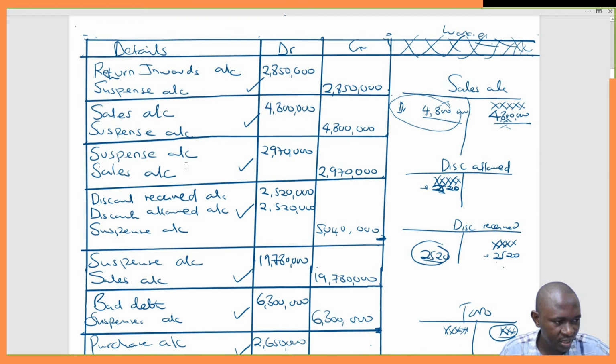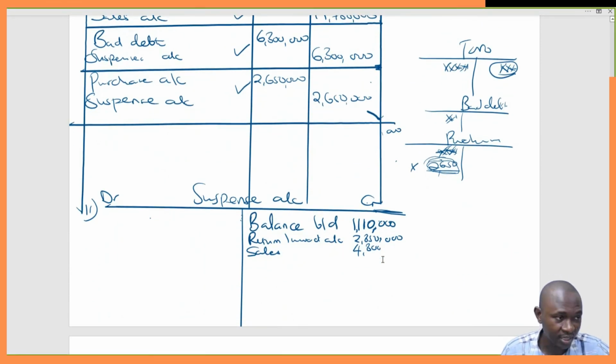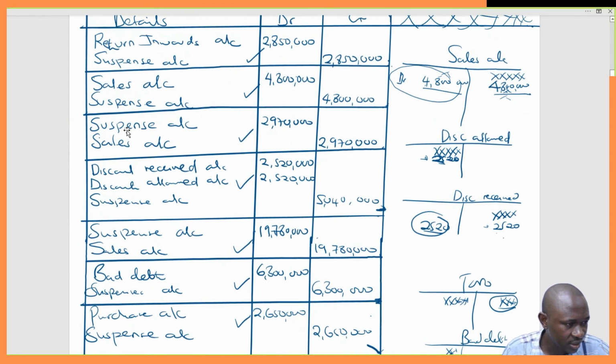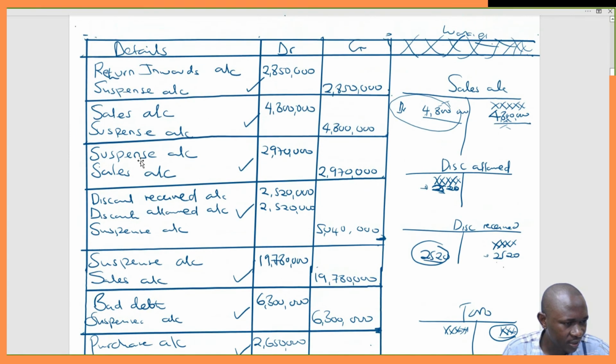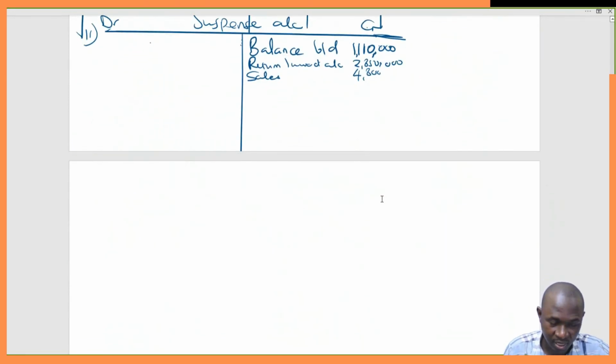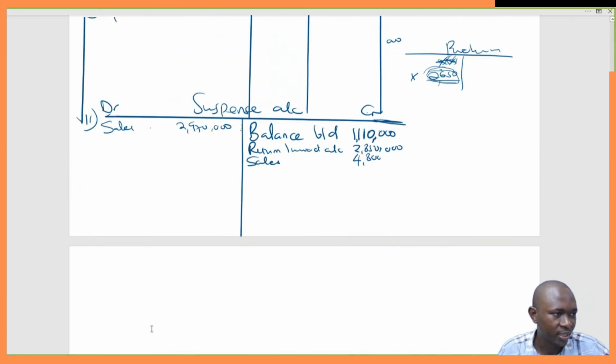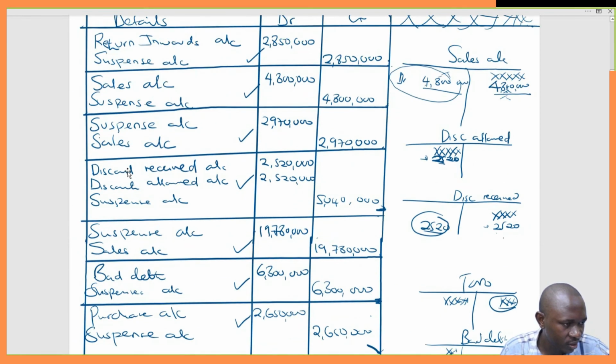You can see now we are debiting suspense account with 2.97. So we come here, and the account is sales, 2.97. So you come here and say sales 2.97, like that.